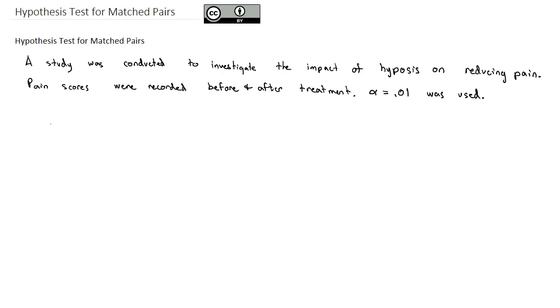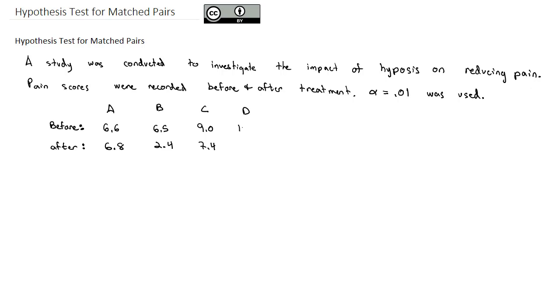So let's give our data before and after. Person A's before pain score was 6.6, after it was 6.8. Person B's before score was 6.5, after it was 2.4. Person C's before score was 9.0, after it was 7.4.